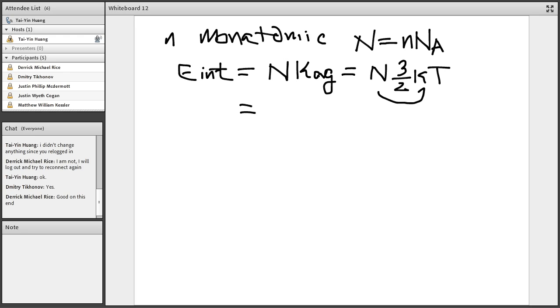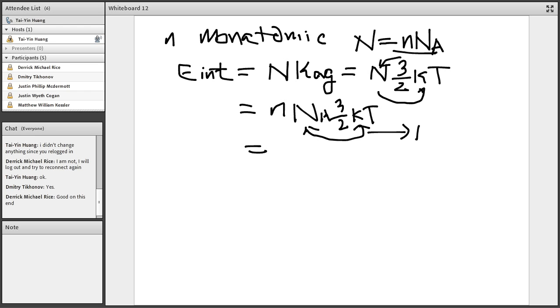Let's rearrange this. What is N times k? We're going to replace our capital N with the number of moles times Avogadro's number, then times 3/2, times k, and times T. The Avogadro's number times the Boltzmann constant gives you the gas constant.